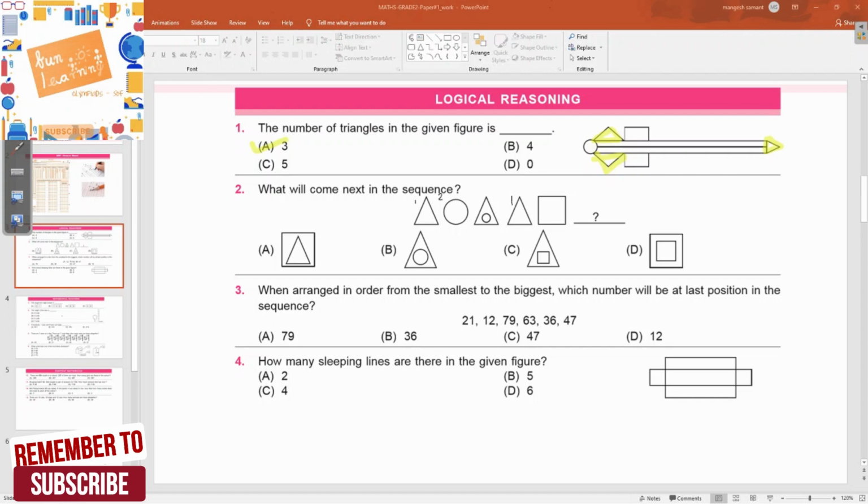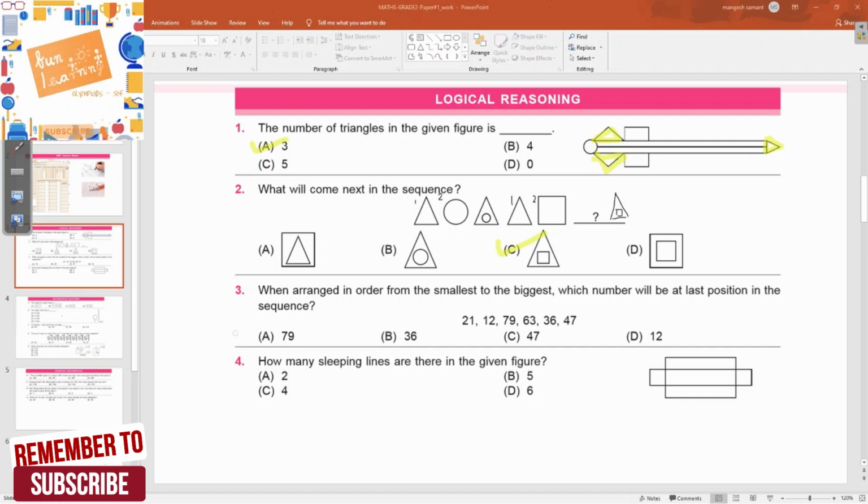The next is a triangle, which is our number 1, and number 2 is our square. So what would be the third? That is our number 1 outside and number 2 inside, just as the previous one. So let's see what it turns out to be if we have number 1 outside and number 2, which is our square, inside. We get something like this, which is similar to our option C. Oh wow, we've got the second one also quickly.